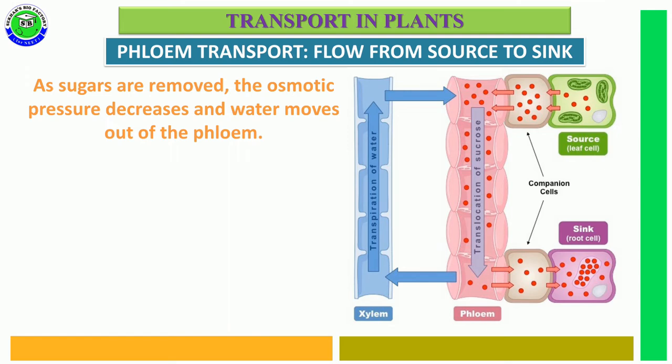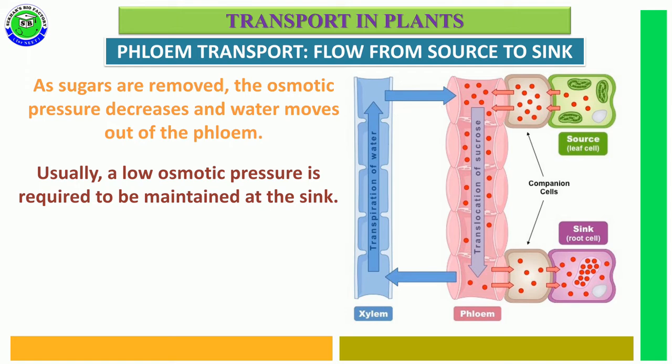As sugars are removed, that leads to a decrease in osmotic pressure at the sink. When sucrose is removed, automatically in phloem sap the osmotic pressure is decreased, due to removal of water from phloem sap to xylem cells, and that creates low pressure.